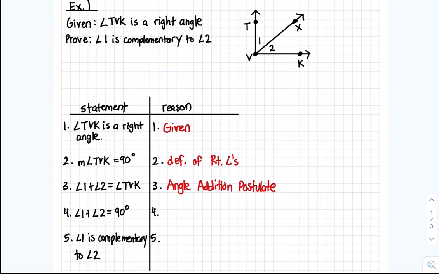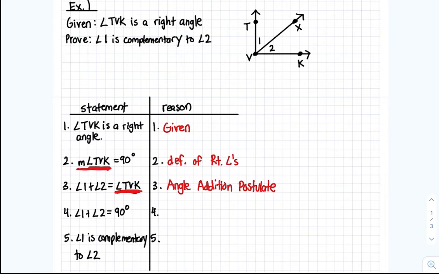Now let's look at 4. We have angle 1 plus angle 2 is equal to 90 degrees. So how do we get that? This is something for you guys to notice. Angle TVK is equal to 90 degrees, and angle 1 plus angle 2 is equal to angle TVK. In 2 and 3, they both had angle TVK, right? So from statement 2, we can substitute that 90 for angle TVK in the third statement, because they're the same.